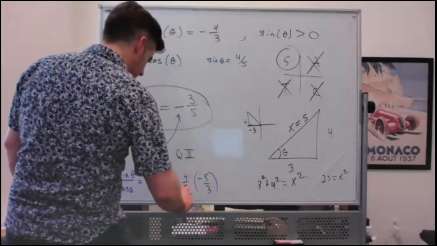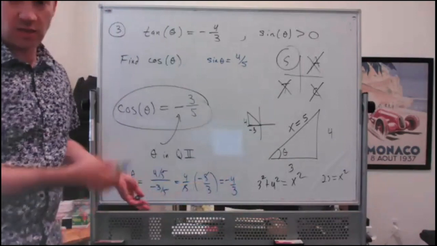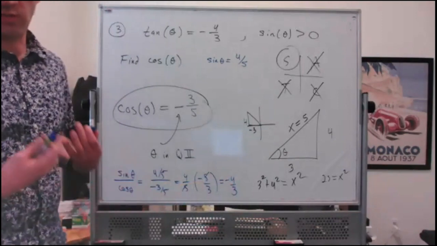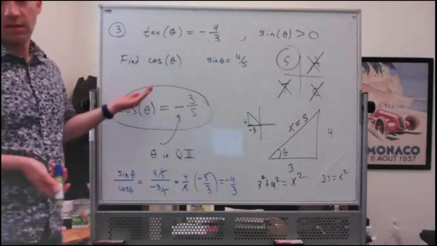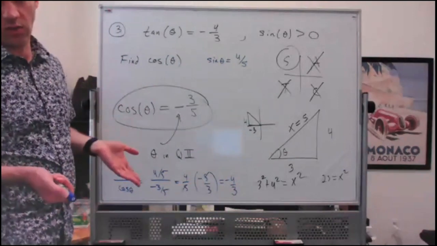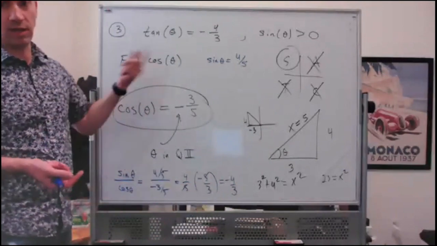The 5's cancel and you get negative 4/3, like you should. You don't need to do any of that work to get the answer to this particular question, but since tangent is sine divided by cosine, sine divided by cosine should end up equaling negative 4/3.